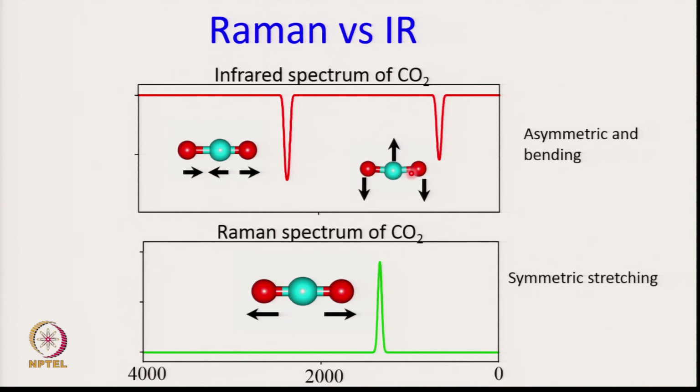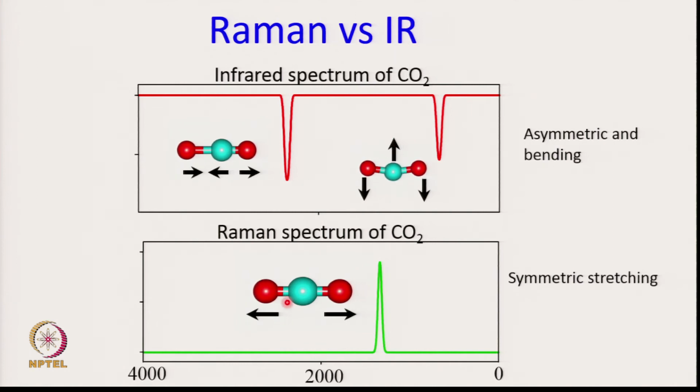So, this is bending. In both these cases you will see that the dipole is actually oscillating, because as the bond distances change the electrons move, because the electronegative and electropositive atoms displace with time. So, they are IR active.